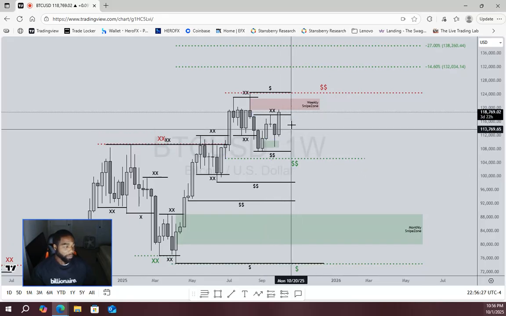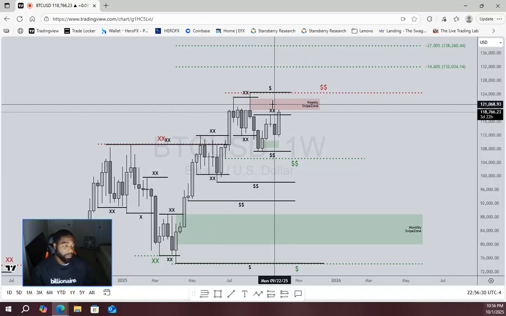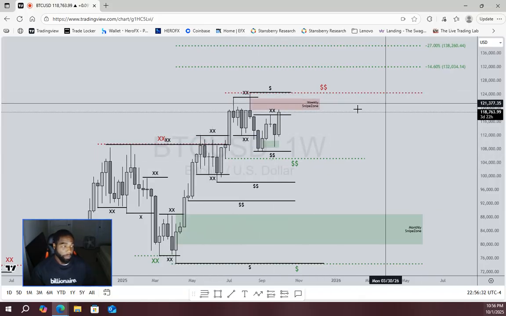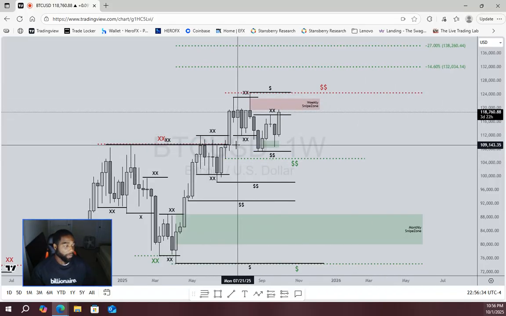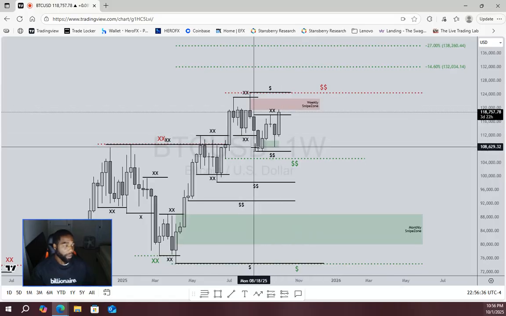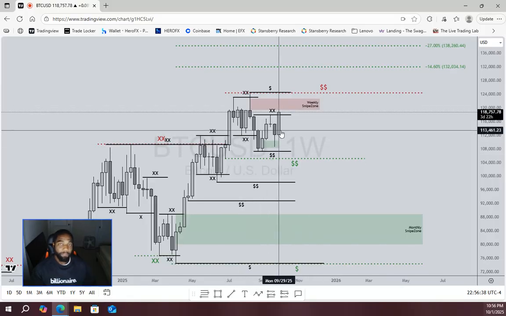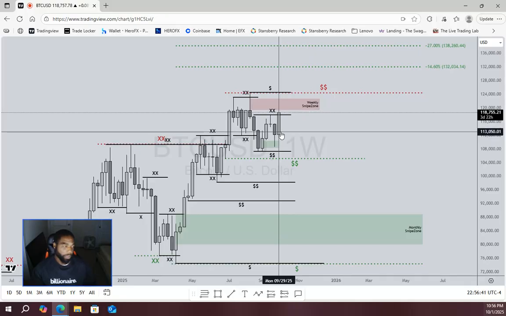Now, unlike this retracement, like these two, right? Or like the one that price is in on the monthly time frame, ranging retracement. Price is establishing a structured retracement.